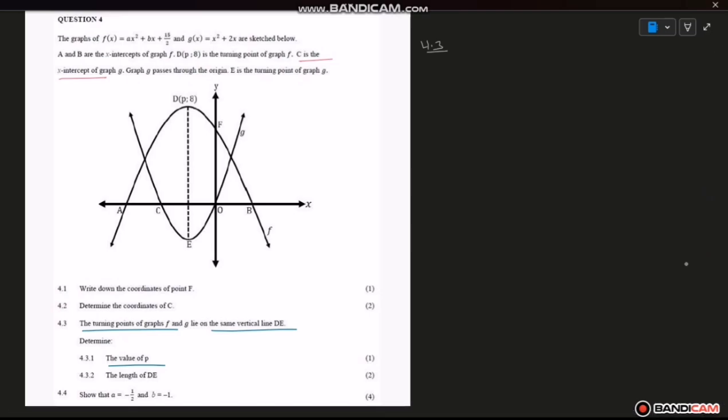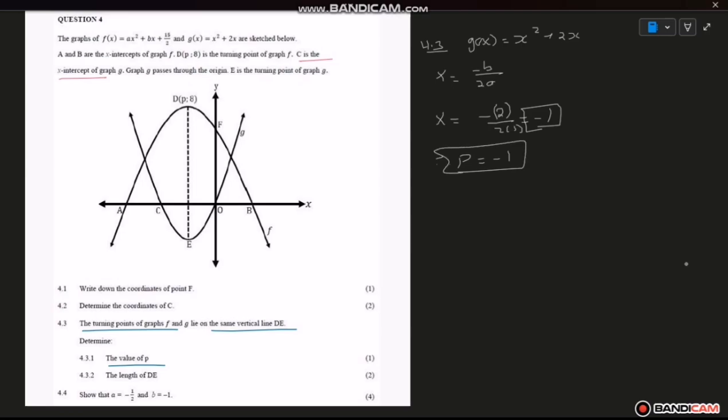Therefore, we can use the graph of g to determine the x value of the turning point by using the formula of the axis of symmetry. The axis of symmetry is the x value of the turning point. So negative 2 over 2 times 1. Remember, a is 1, then we're going to have negative 1, meaning that the value of p is negative 1. Therefore, p equals negative 1.